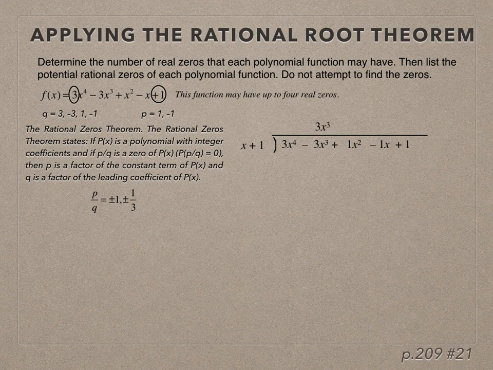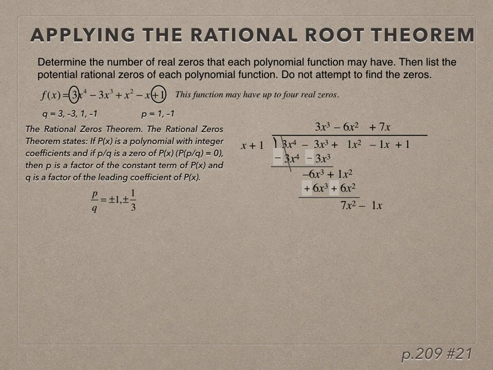Now, I'm not going to talk through this whole division process because we've done that in an earlier video, but I will just go through the division here for you so that you can see what happens and what the remainder would be if I divide by x plus 1.